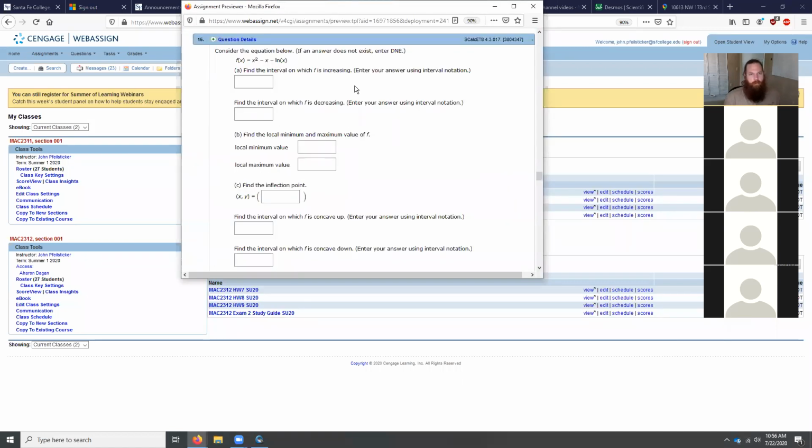Here we wanted to find intervals of increase, decrease, all that good stuff. I think this will probably be the last one we have time to do. So if we wanted to see any extra problems, I would come by office hours this afternoon. I will have my normal office hour.